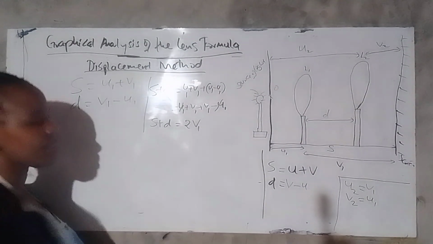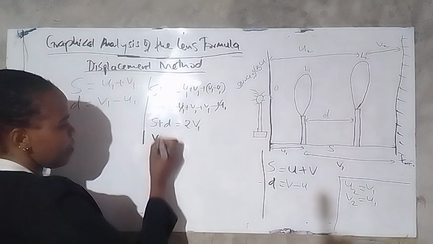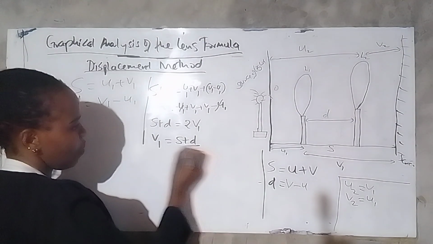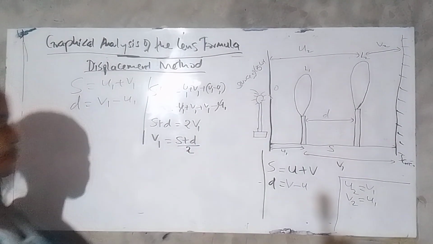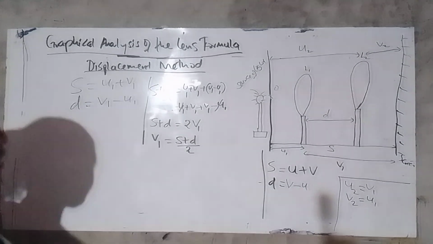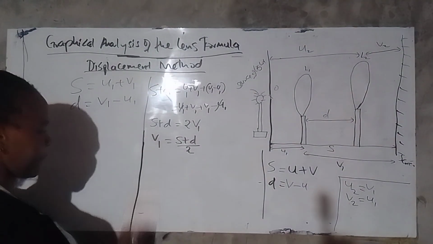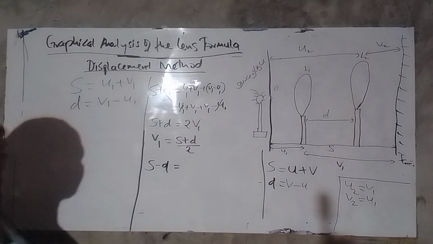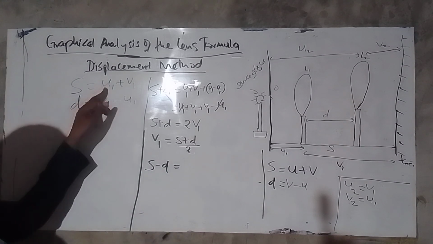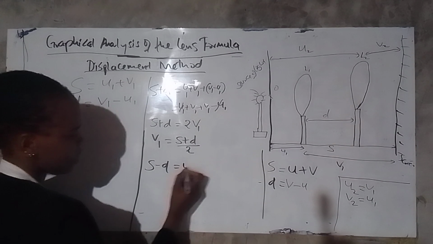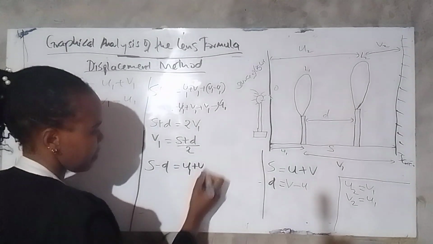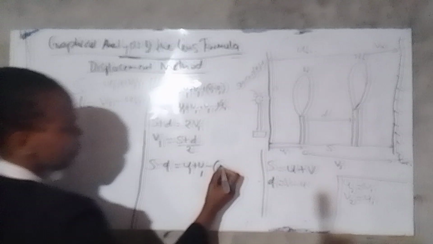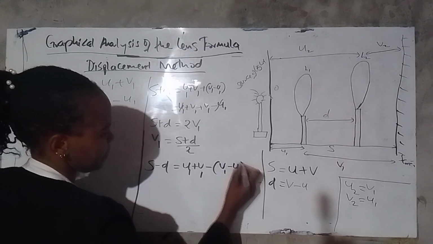Making V1 the subject, we have V1 is the same as S plus D over 2. Now what about S minus D? What does it give us? S minus D is U1 plus V1 minus, we are subtracting now, V1 minus U1.